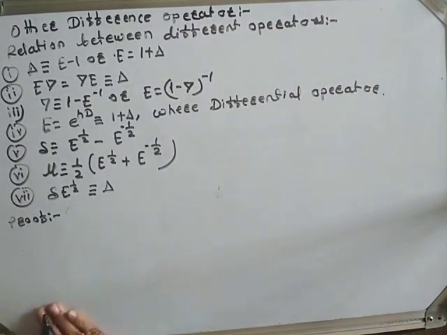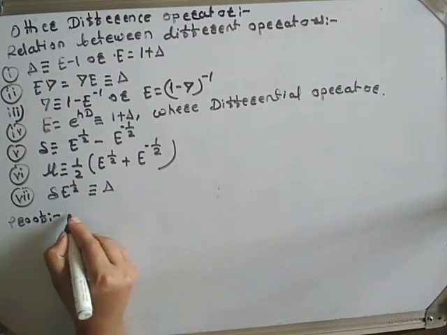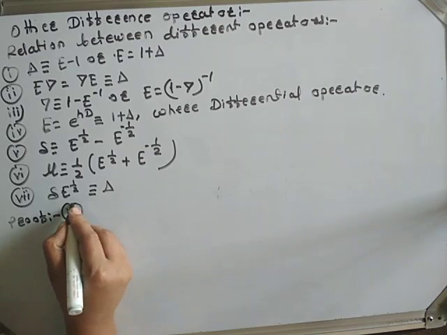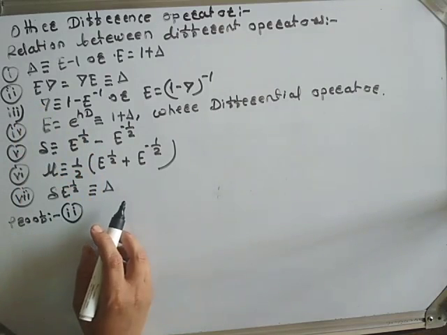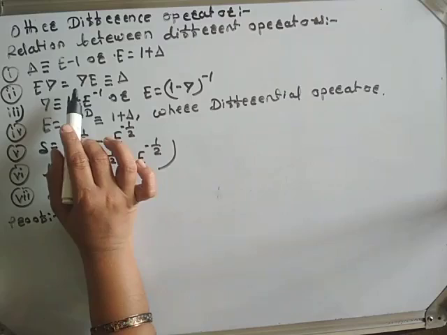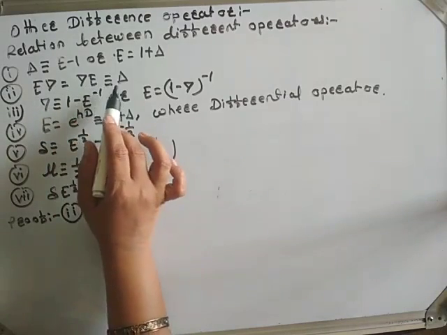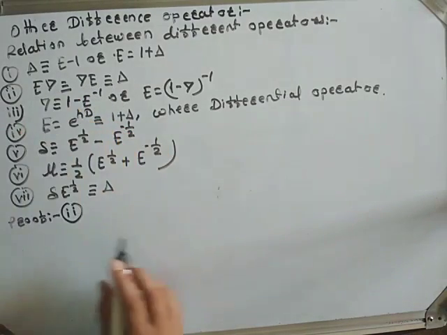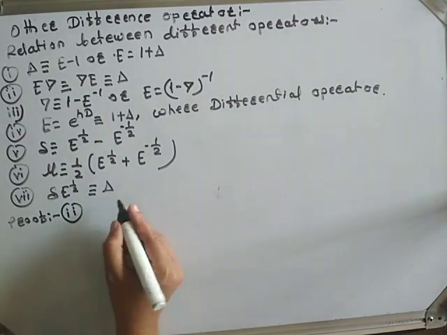Let us prove relation number 2. In 2, we have to prove that E del is equal to del E, which is equivalent to delta.